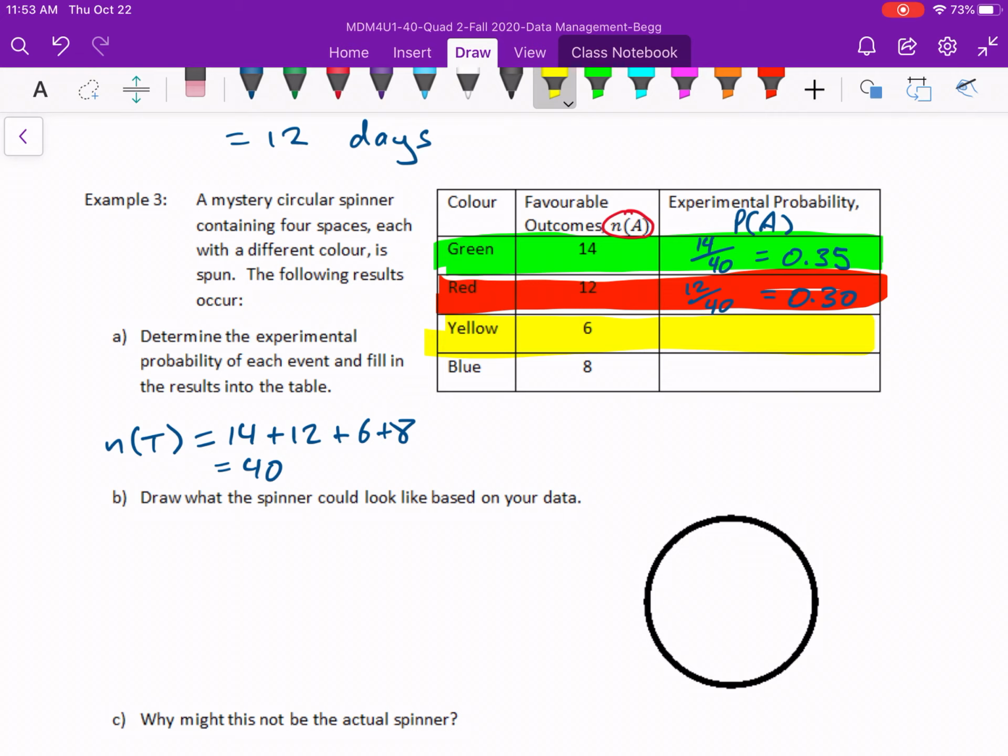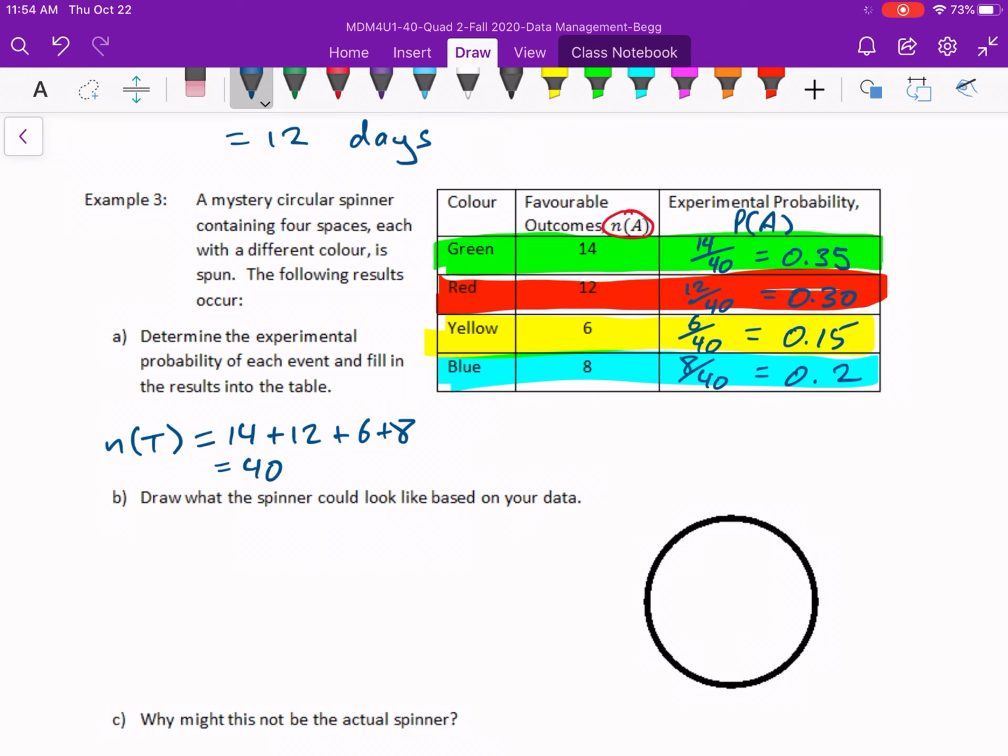That's going to reduce to 3 over 20, or 1.5 out of 10. So it'd be 0.15. And blue, yes. Blue is 8 over 40, which equals 0.2.